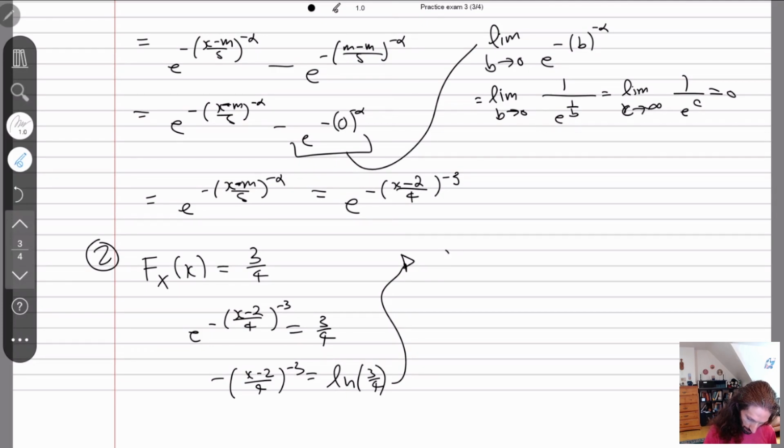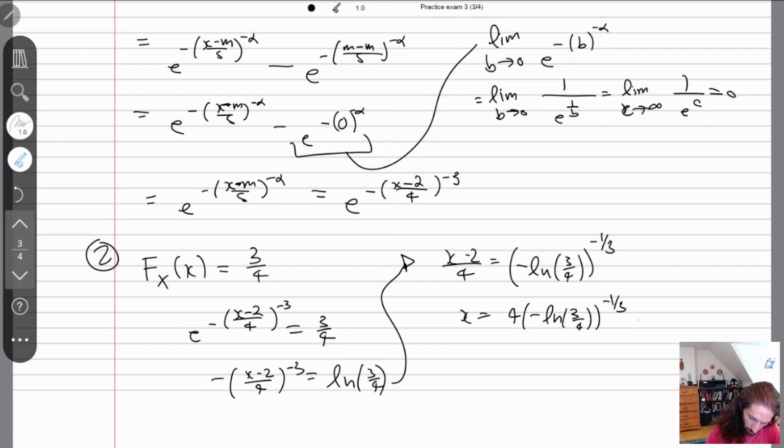So we have x minus 2 over 4 is equal to minus natural log of 3/4 to the power of minus 1/3, right? This minus third, I need to multiply by minus 1/3 in order to cancel it. And then I'm left with x is equal to 4 times minus natural log of 3/4 to the minus 1/3 plus 2 to kind of get my final thing.